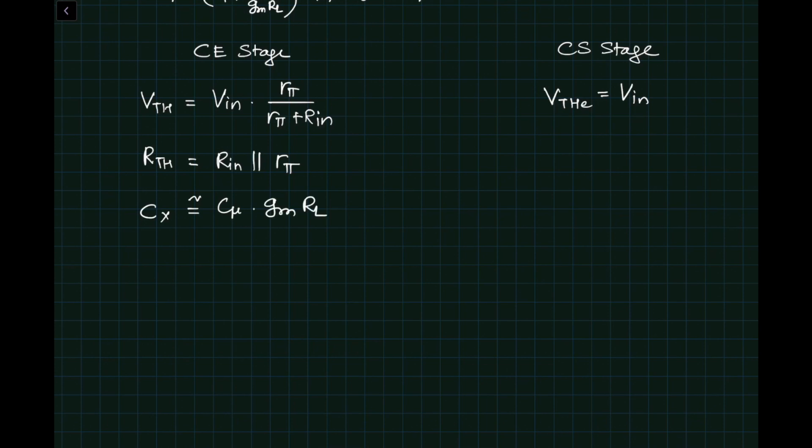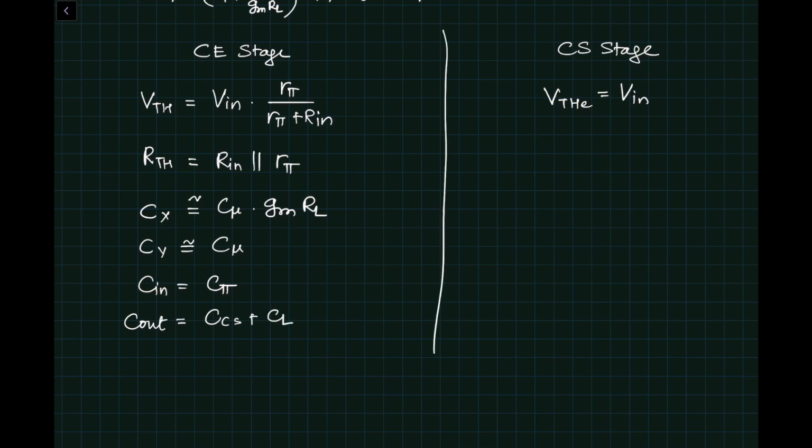Again, these are for the BJT case. CY will be equal to Cμ, Cin is equal to Cπ, and Cout is equal to CCS plus CL. We'll do something similar for the MOSFET case, where RTH, the Thevenin equivalent input resistance, will still be equal to Rin.